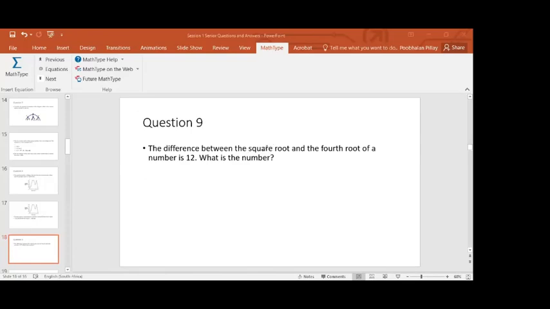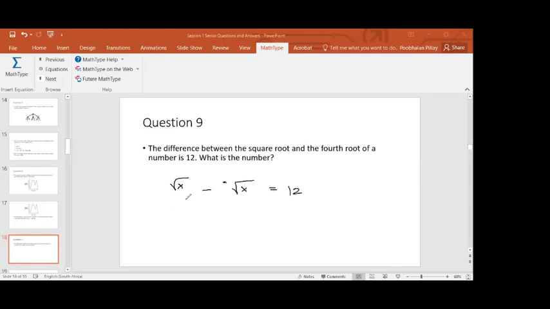Then the difference between the square root and the fourth root of x is going to be 12. Now, it's almost impossible to solve this kind of complicated equation.